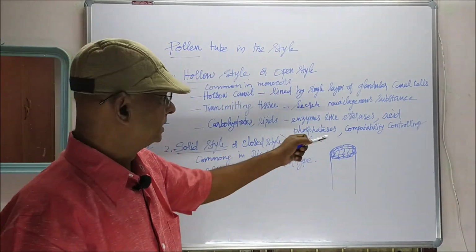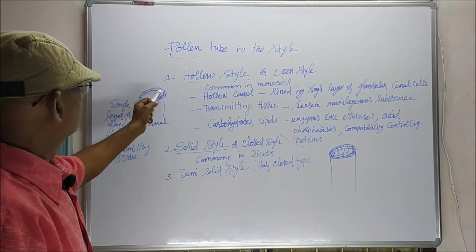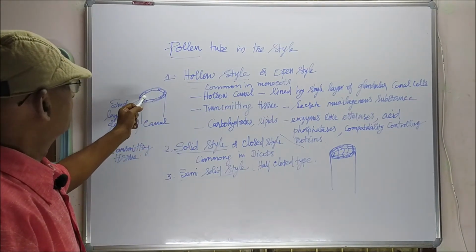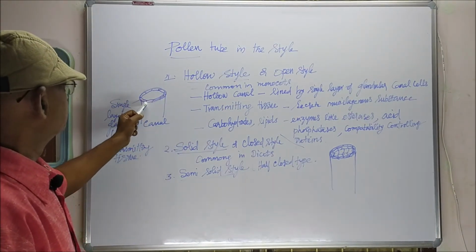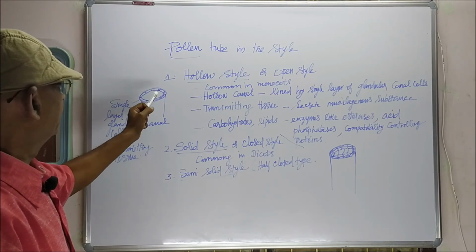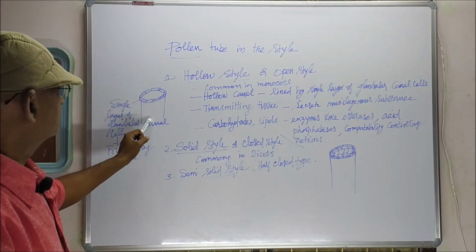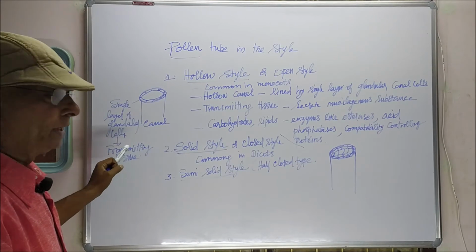No vacant place inside. In the hollow type, there is a vacant place that is surrounded by a uniseriate layer, or a single layer, of glandular canal cells called transmitting tissue.